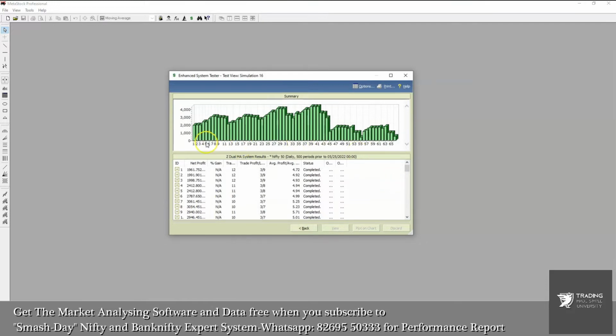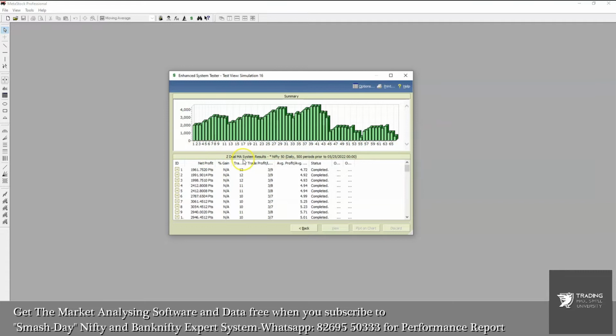So you can see Metastock has done 66 tests here with the various combinations of moving averages that we had assigned it, and the results in a nutshell are also provided, and these are the values of the optimized 1 and optimized 2 variables.